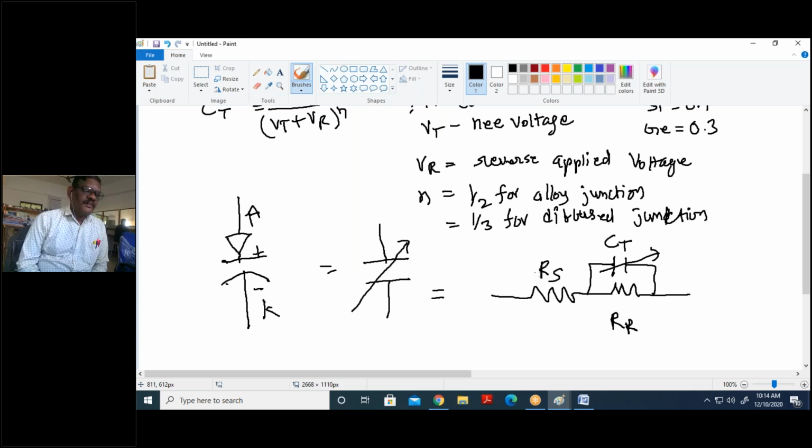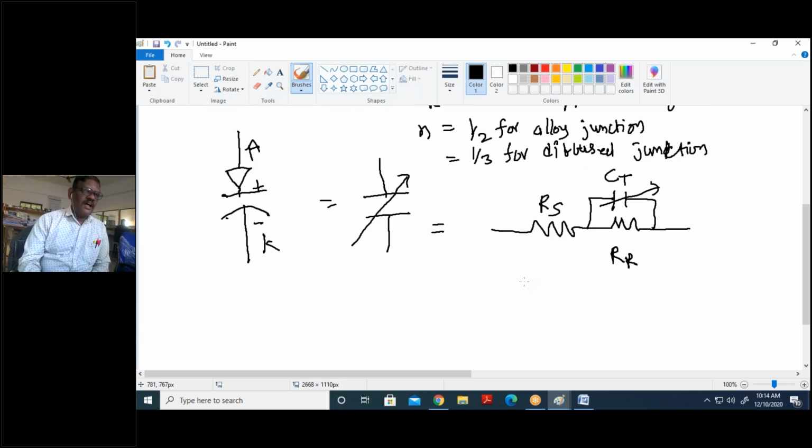Okay, when the reverse bias voltage decreases, the depletion layer narrows down. This decreases the electrical thickness, which increases the capacitance, as per our equation.